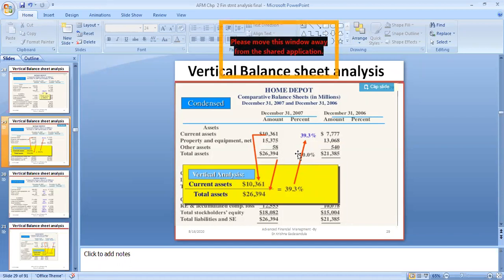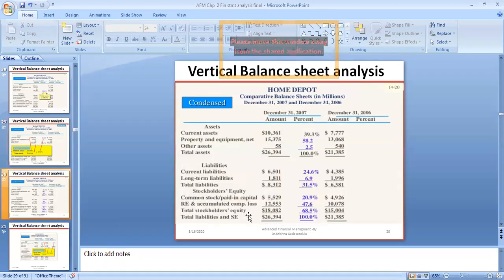Current assets of 10,361 million and total assets of 26,394 for 2007. So the total current assets portion in total assets is 39.3%. Now we'll see 2006. Like this, 2007 we have calculated using the same formula.